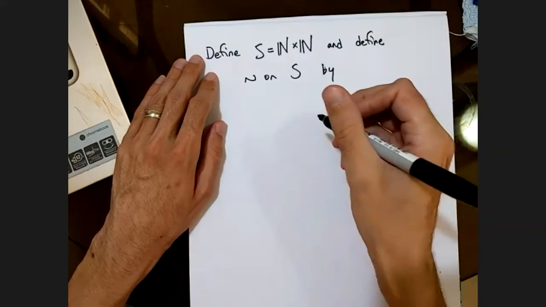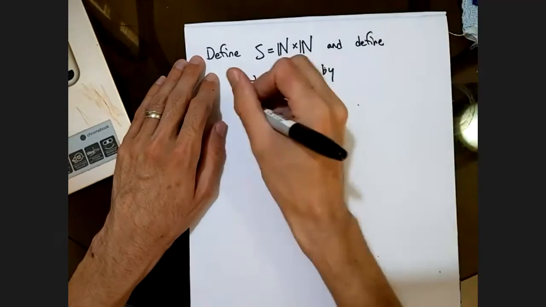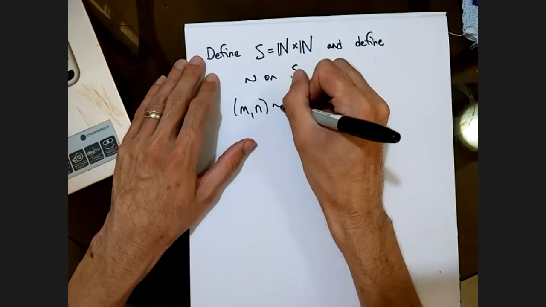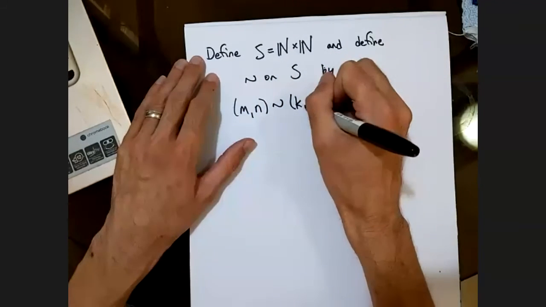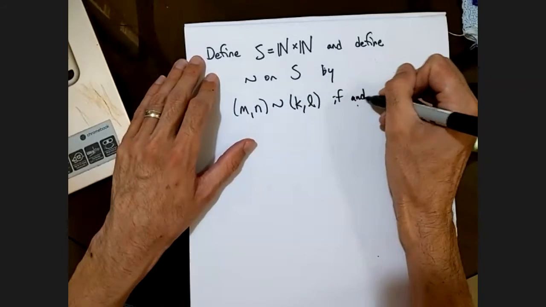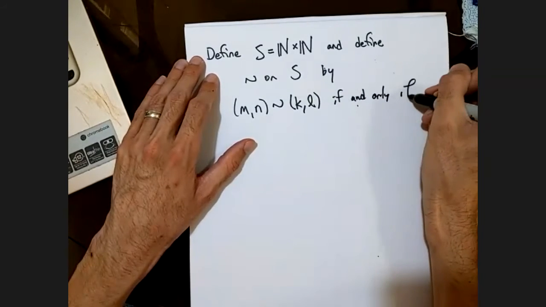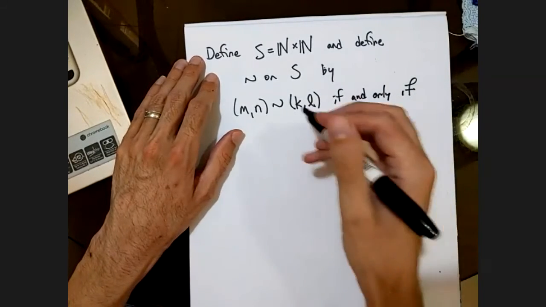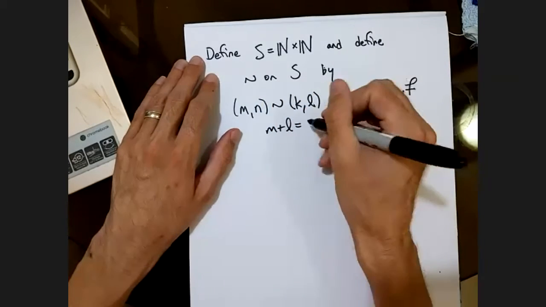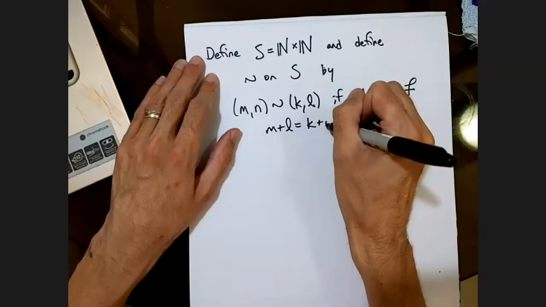So we want to say the difference of M and N is the same as the difference of K and L if and only if M plus L should be equal to K plus N.